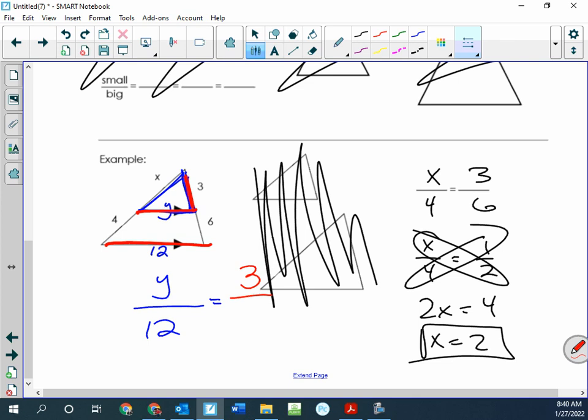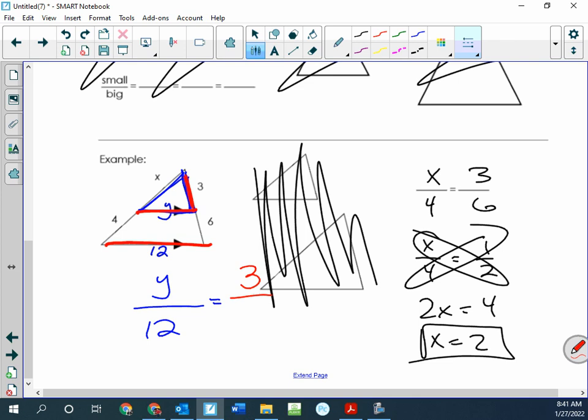And then what would 12 match up with? 6 is a good guess, but it would not match up with 6. Not 4, not 2. Not 6.